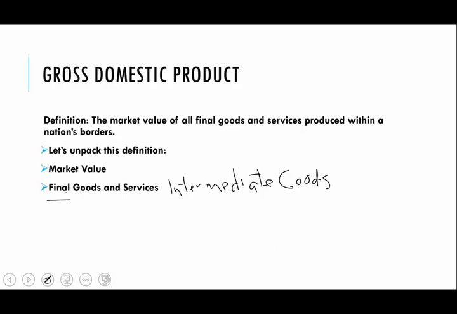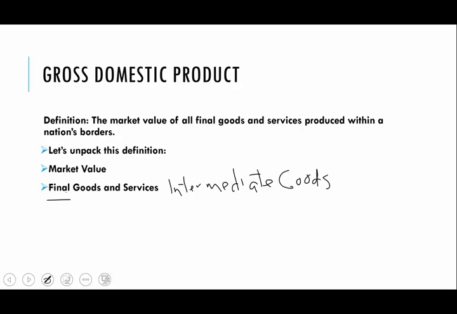So the same bakery probably bought sugar, let's say a pound of sugar, and they put a cup of it in a cake that then they sold you. That sugar was an intermediate good to the bakery, because that sugar itself was going to be resold.